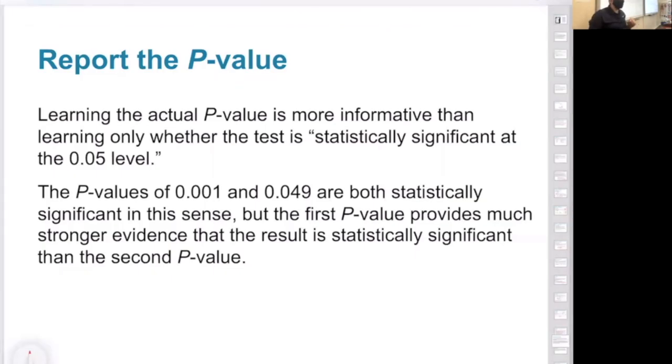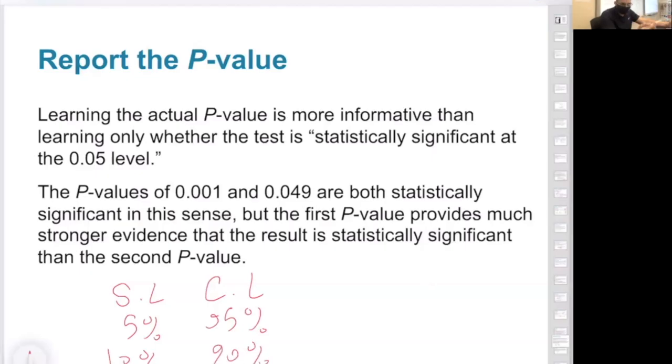If you have significance level 5%, that means the confidence level is 95%. Always the significance level is the opposite of the confidence level. If you have significance level 10%, that means you have confidence level 90%.